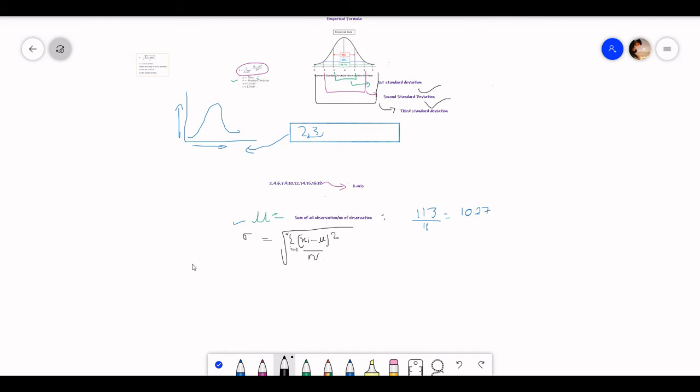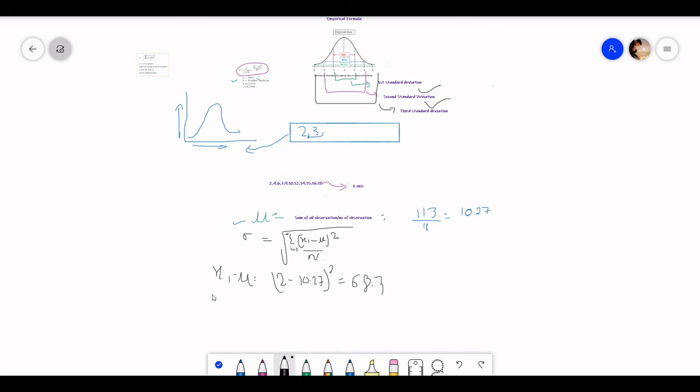So our x1 minus mu will be equal to 2 minus 10.27, whole square, it will be equal to nearly 68.3.